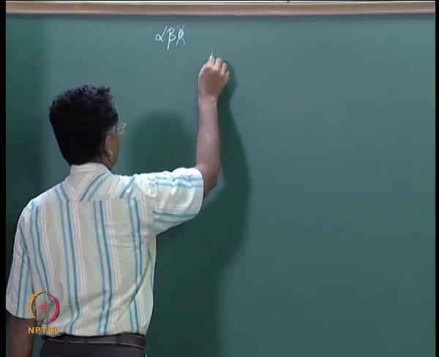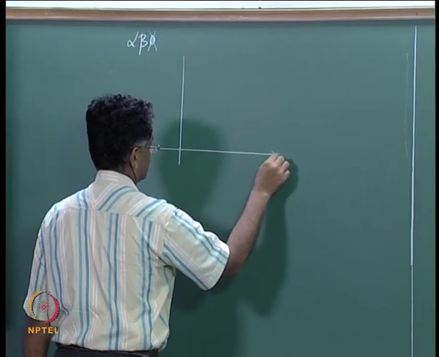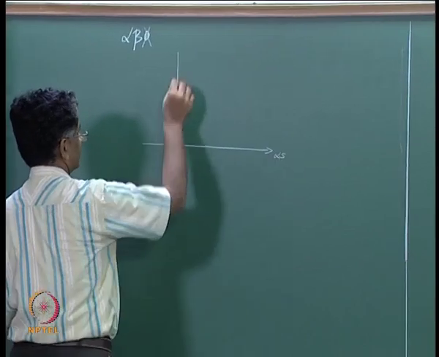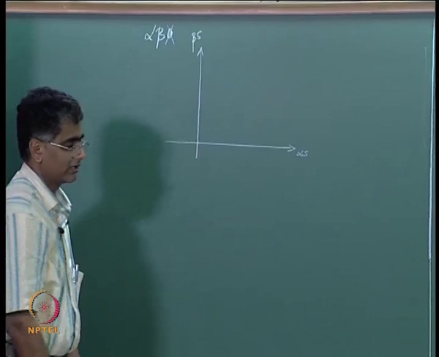And this alpha beta reference frame then has two axes. One is the alpha s axis, that of the stator, and then you have the beta s axis, that of the stator.